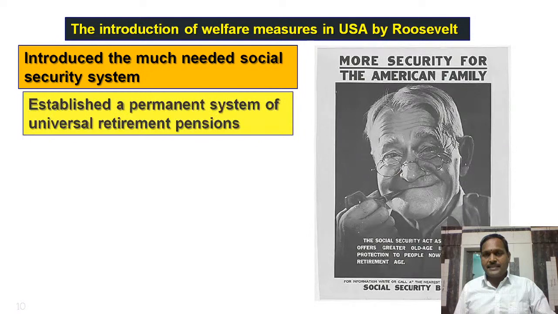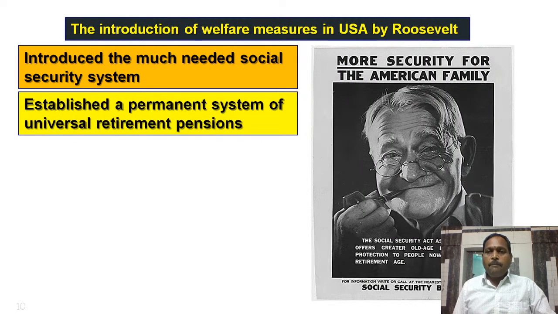In this photograph, you can see an American pensioner. After his retirement, he has a secured life because he has a retirement pension. So a universal pension system was introduced by Roosevelt as a welfare measure.